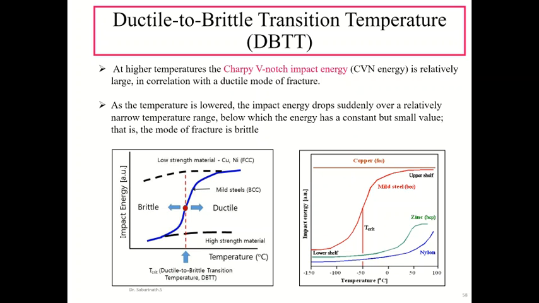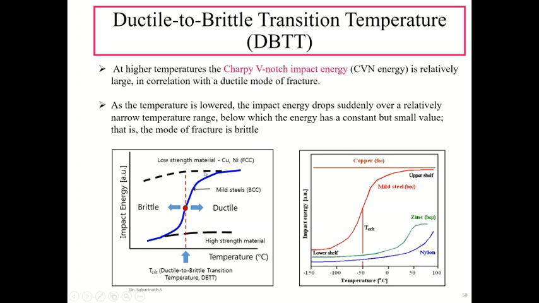Here we can see a graph of impact energy versus temperature. In this graph we can see that most low strength metals and most HCP metals do not experience any ductile to brittle transition, and they retain their high impact energy even with a decrease in temperature, for example copper and nickel.